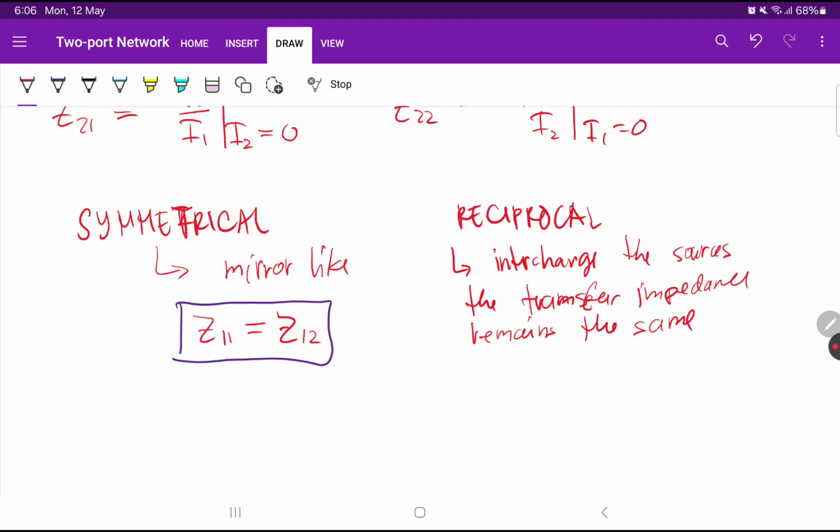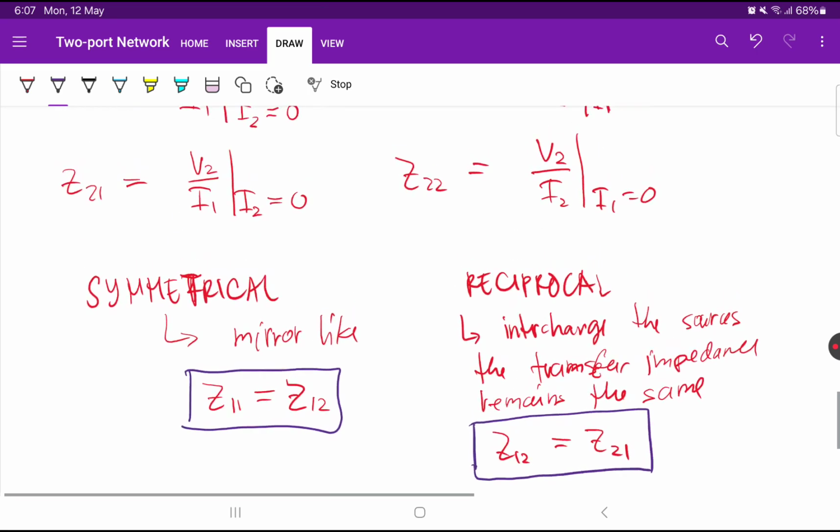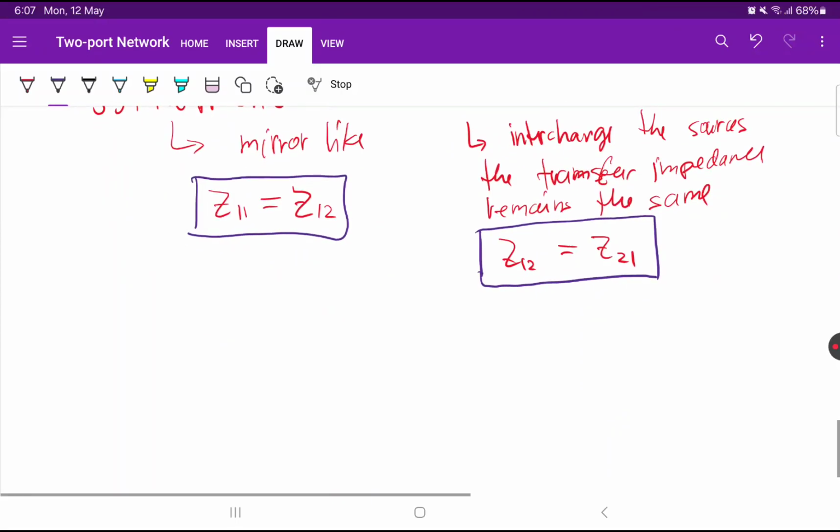And for Z parameters, this happens when Z12 is the same as Z21. The network is a reciprocal network if Z12 is equal to Z21. It's a symmetrical network if Z11 is equal to Z12. So these are just common terms that we use in a two-port Z parameter network.